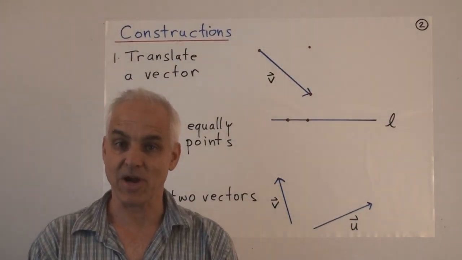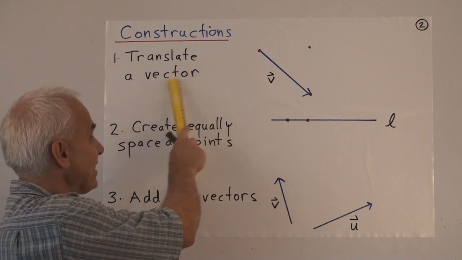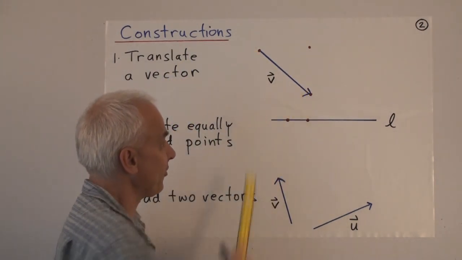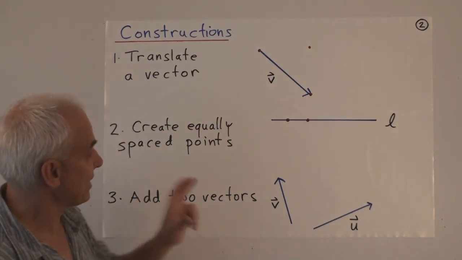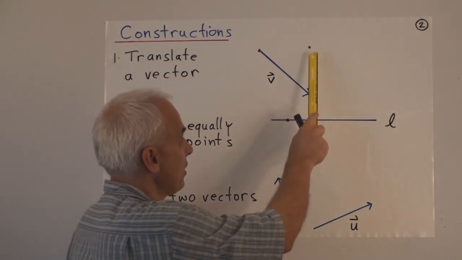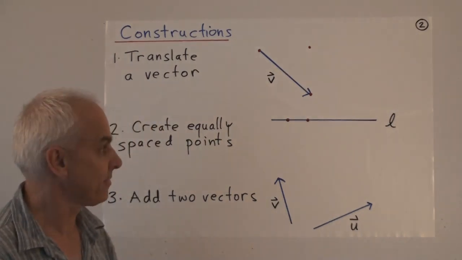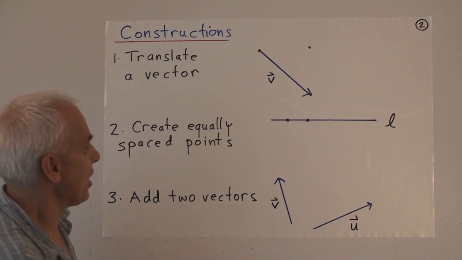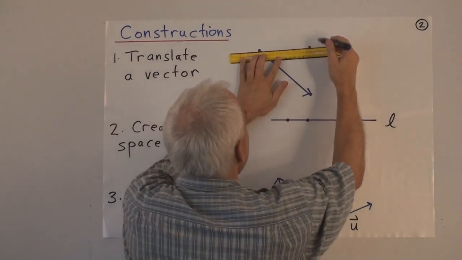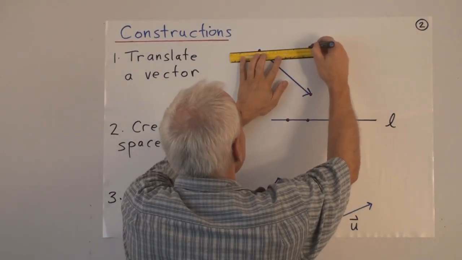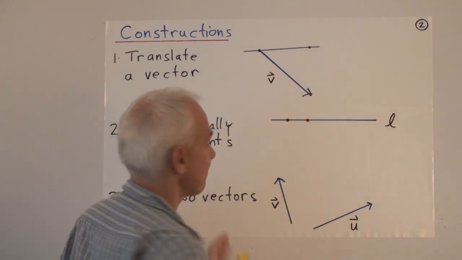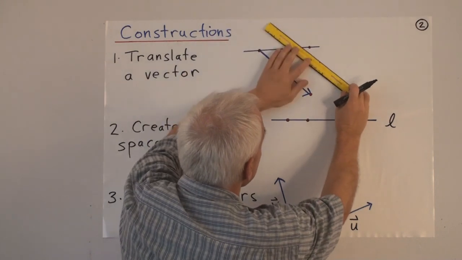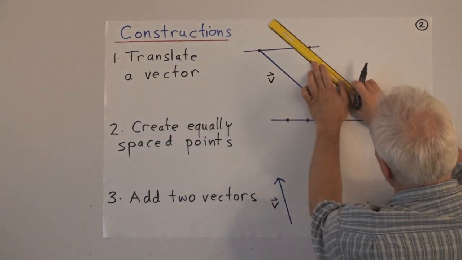So our first basic construction is how to translate a vector. Here's a vector V from this point to this point. And suppose we want to translate that vector so that it's starting from, say, this point. Well, we're only allowed to use parallel lines, so here's how we do it. First, we establish a line through the 2 starting points. Then we draw a line parallel to this one through that vector.